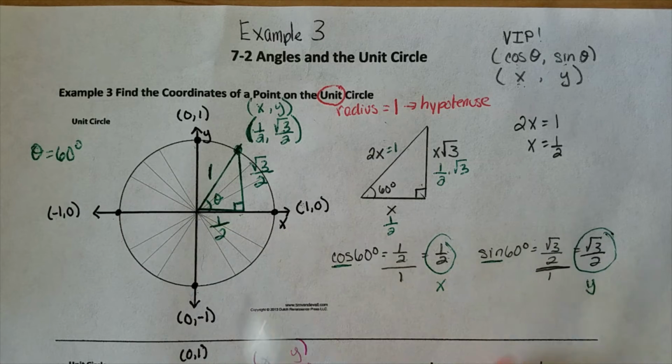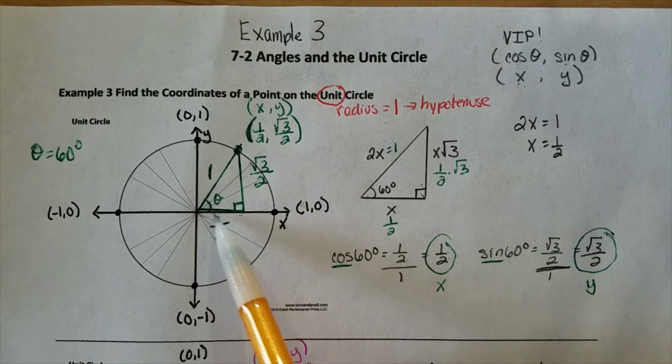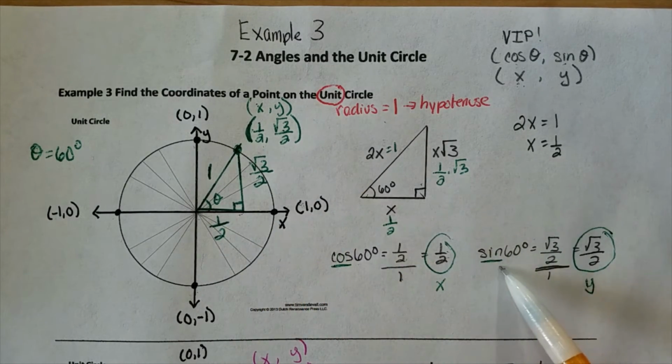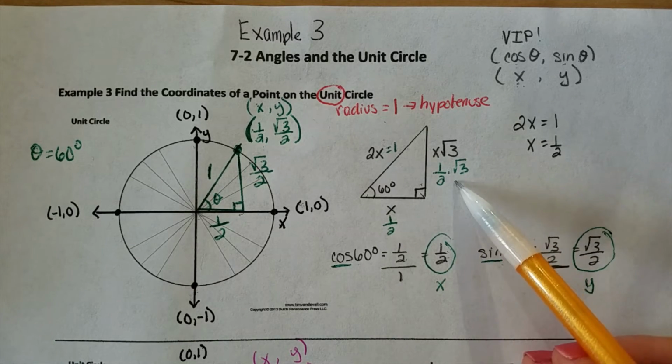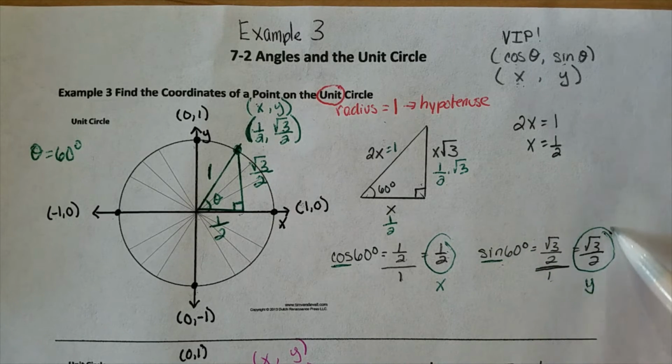Well, if you can relate that back to a coordinate plane, your distance from the origin is your x value. So this x value is 1/2. And then my height, your sine of 60 degrees, is going to be your opposite, which we calculated out to be square root 3/2 over the hypotenuse, which is 1, which gives me a value of square root 3/2.